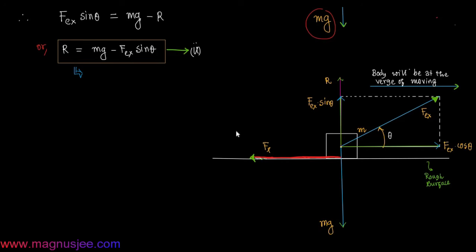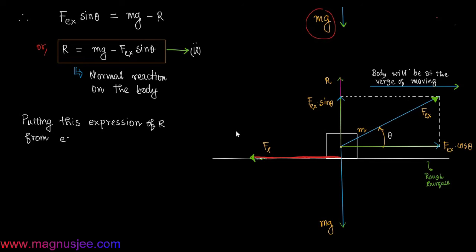This is the normal reaction on the body applied by the rough horizontal surface. Putting the expression of normal reaction R from equation 2 in equation 1.